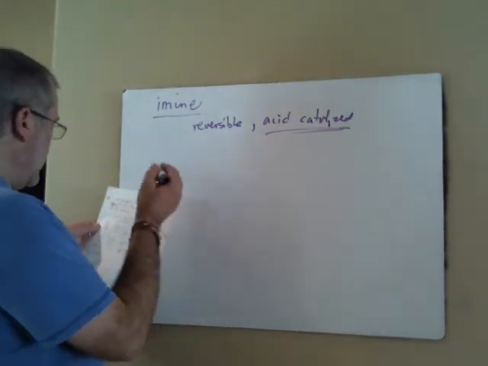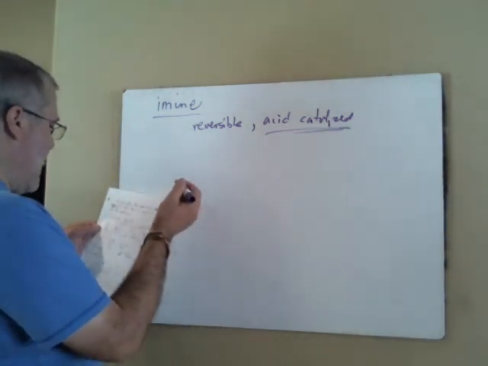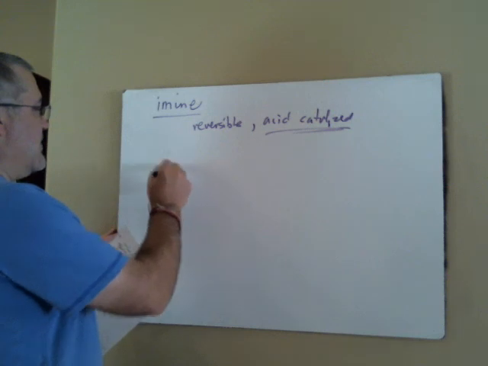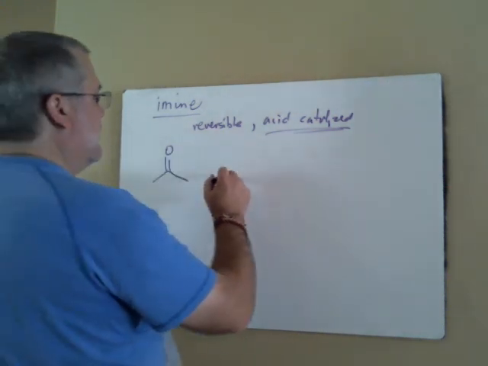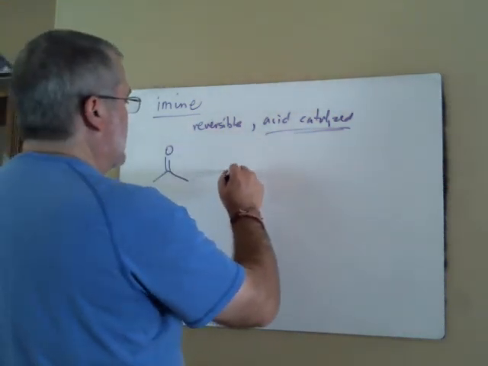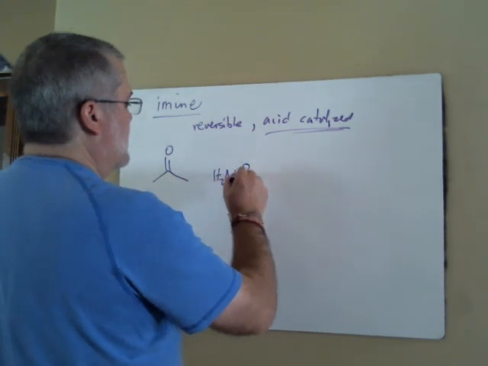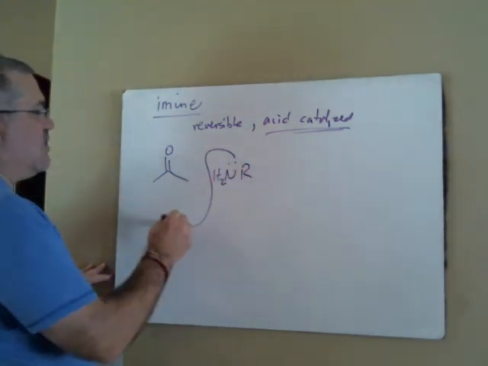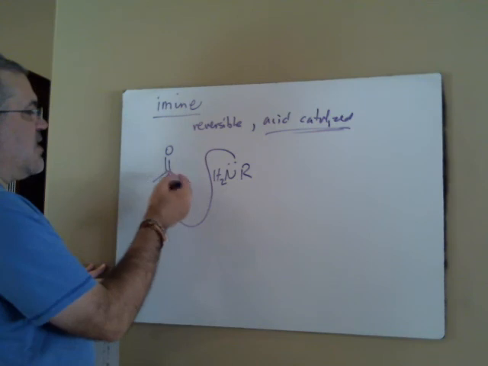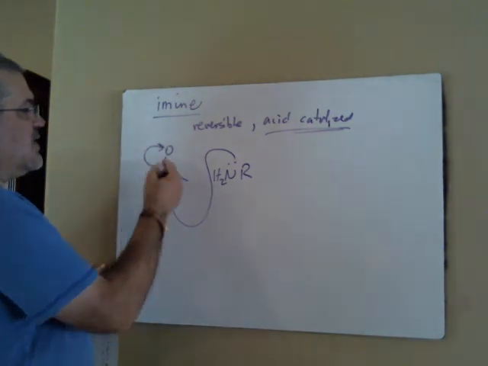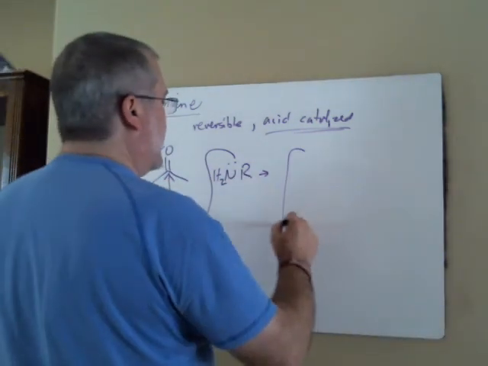But what we're going to work through is exactly what happens when this neutral amine reacts with that electrophilic carbon of the carbonyl, breaking the pi bond, moving electrons onto the O, forming the tetrahedral intermediate.